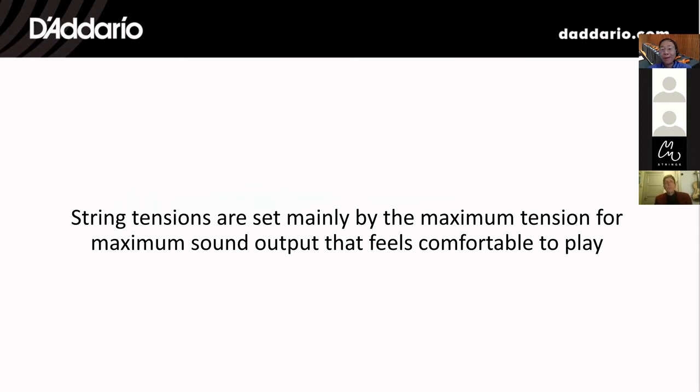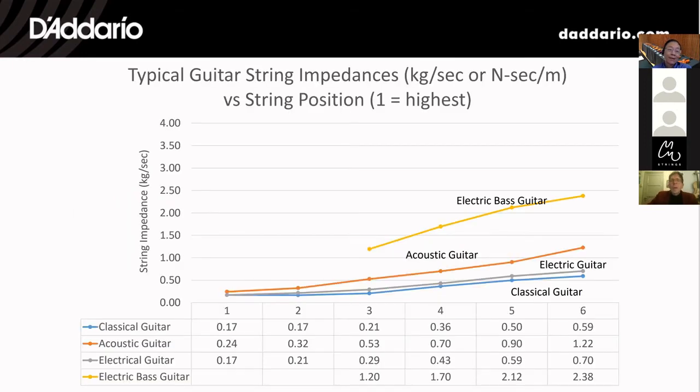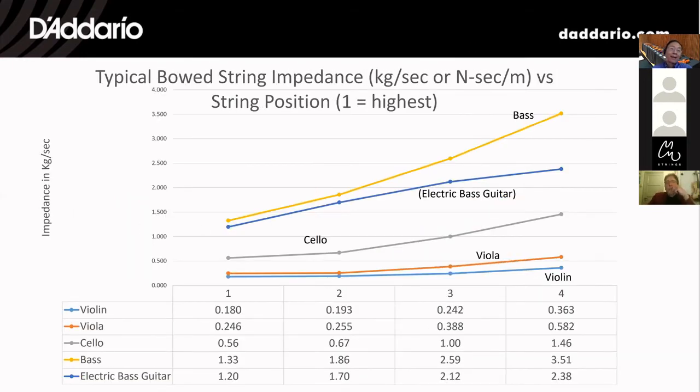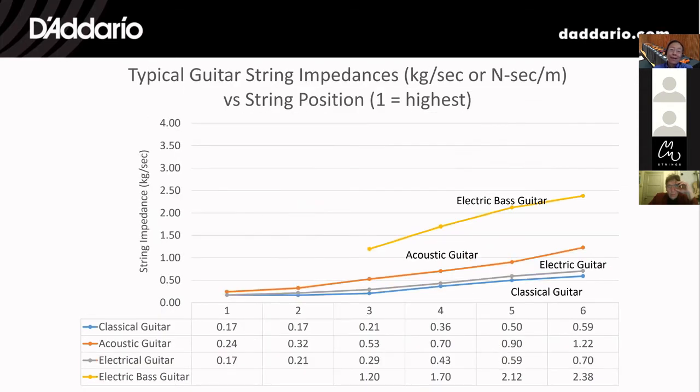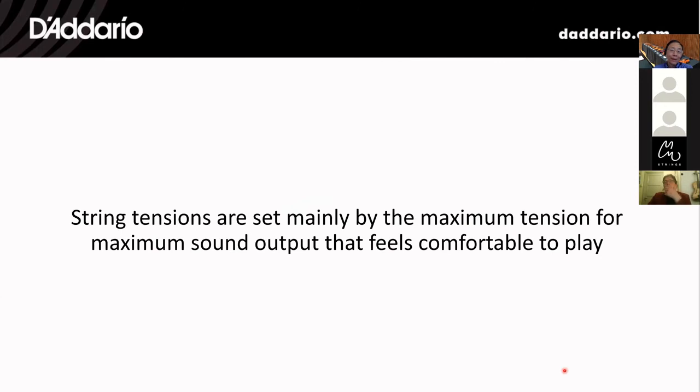Now, one of the downsides, of course, of having a dramatically increasing impedance with a bowed bass string is that the bottom strings become harder and harder to bow, because the minimum bow force increases with the string impedance. And so in general, yes, that's a well-known problem of playing the bass. It's really hard to get the string going with the bow.